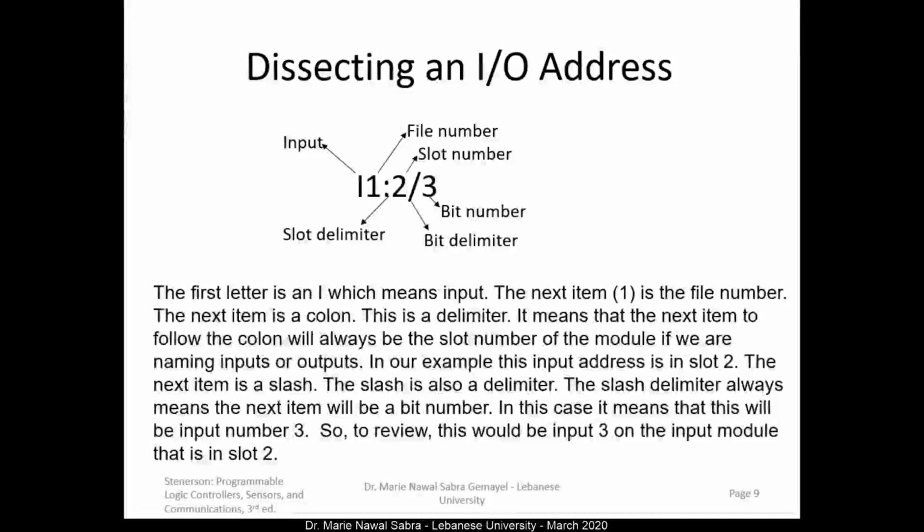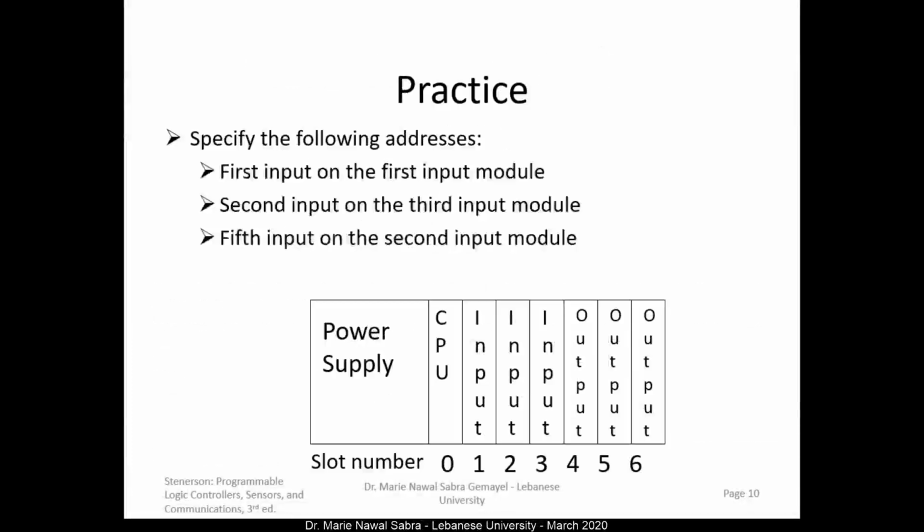If I want to address the first input on the first input module, this is going to be I1, because this is the identifier of the input, then the slot delimiter, then because the first input module happens to be on slot number 1, I'm going to put 1, then slash, the first input has an address 0, so it's going to be /0.